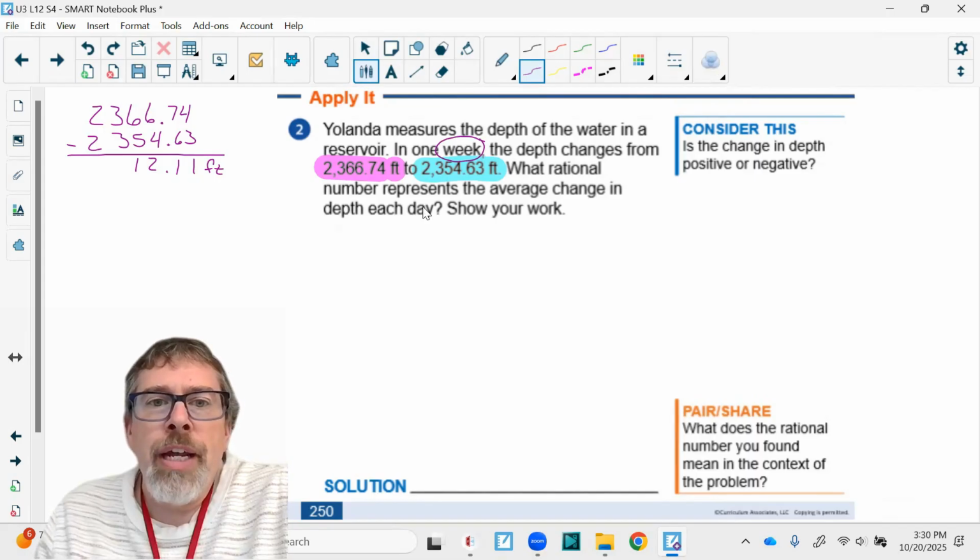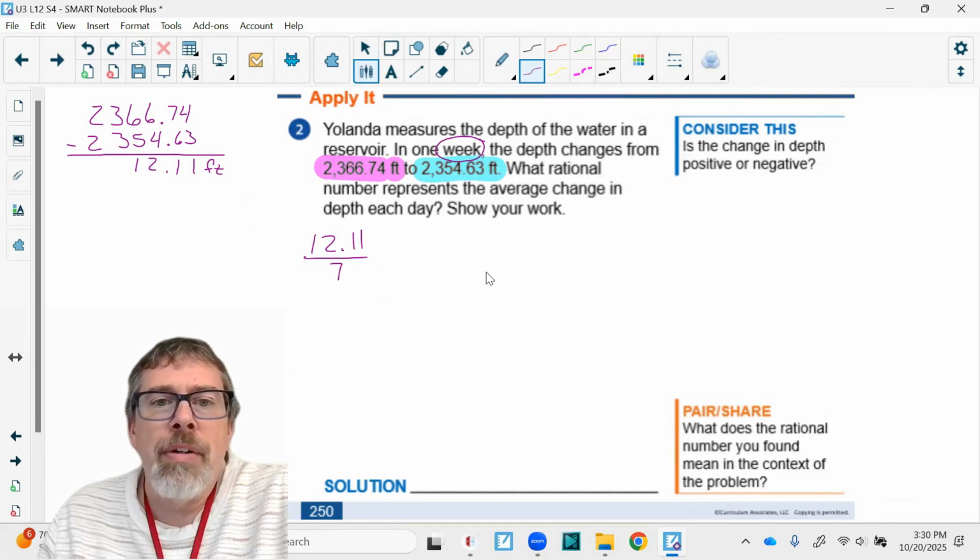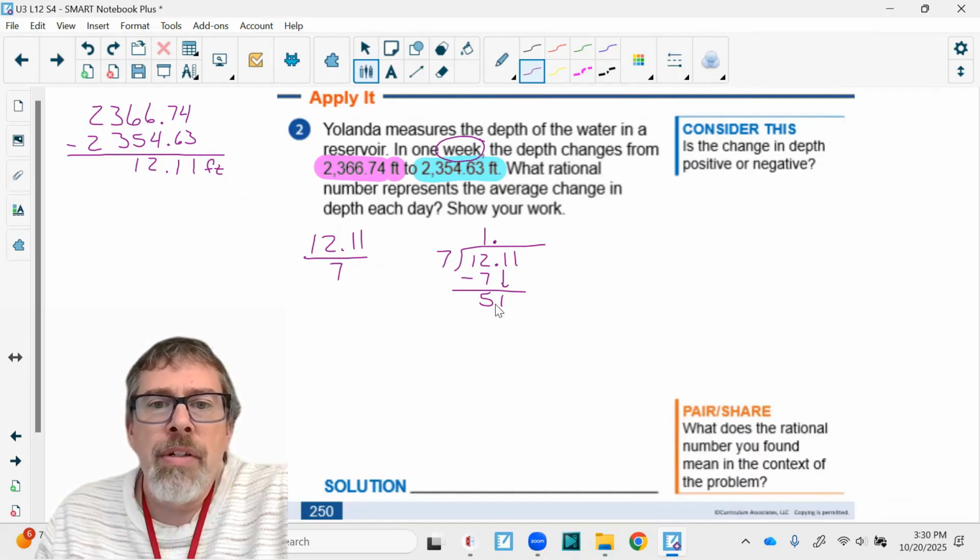To find the average change in depth each day, we now need to take that 12.11 and divide it by the number of days in a week, which is 7. So if I write this as long division, 7 will go into 12 one time, and I subtract, and I am left with a 5. Bring down a 1, put a decimal. 7 times 7 is 49. Subtract and get 2.